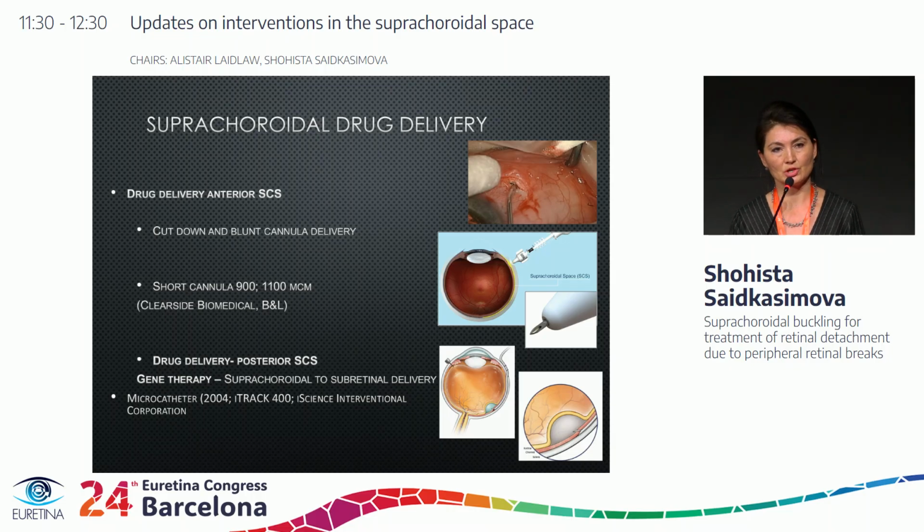And that regurgitation, first, it's a wastage of the very valuable medication, and second, it promotes the epiretinal proliferation. And if there's a way of avoiding that reflux back into the vitreous cavity by approaching the subretinal space through the suprachoroidal space and puncturing it at the back, then that potentially can give a lot of benefits. And Alan Ho's group in the States is working on that currently, and it'll be exciting to see the results of their trials in the future.